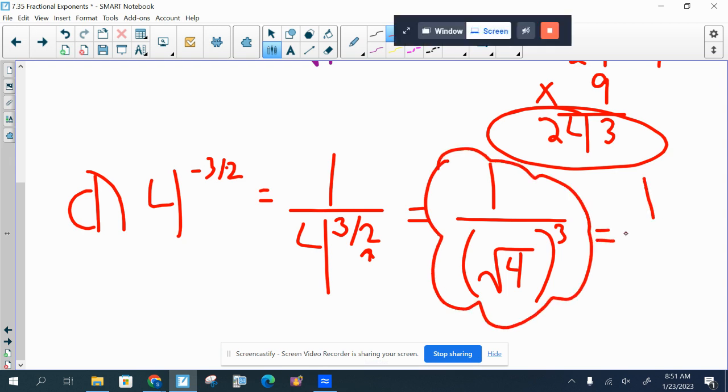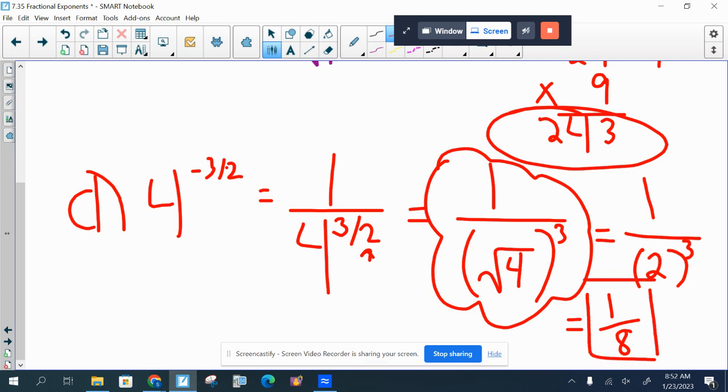Next, let's evaluate. So I take what's in the parentheses. The square root of 4 is 2. And 2 cubed is 8. So this would be 1/8. Got it?